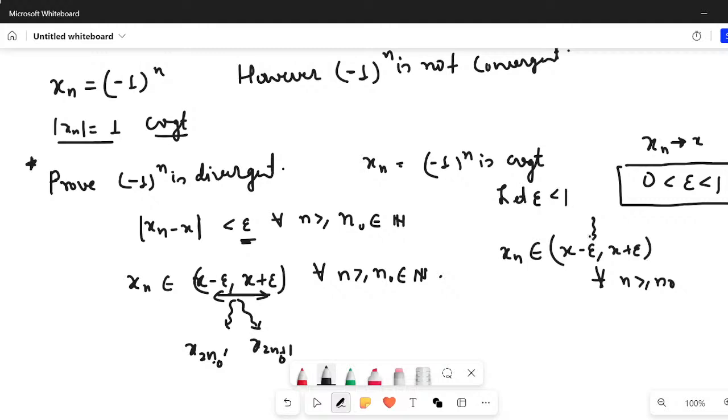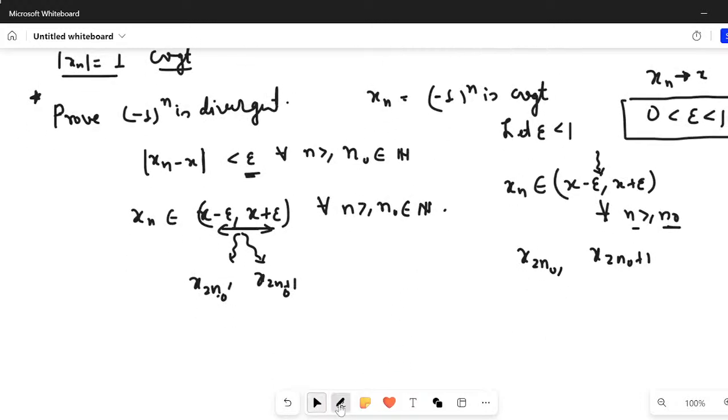So just think about it, in this particular interval only, x2n naught will also lie, and x2n naught plus 1 also would lie. Since n is greater than or equal to n naught, 2n naught is obviously greater than or equal to n naught, right?